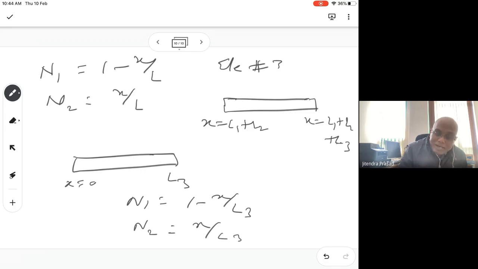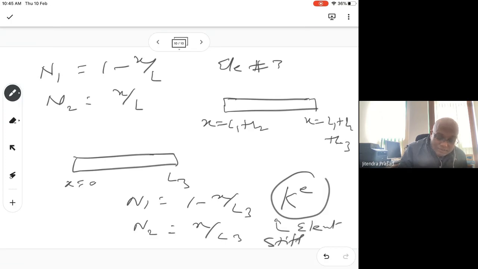You do all the analysis and you can get the KE, meaning the element stiffness matrix.